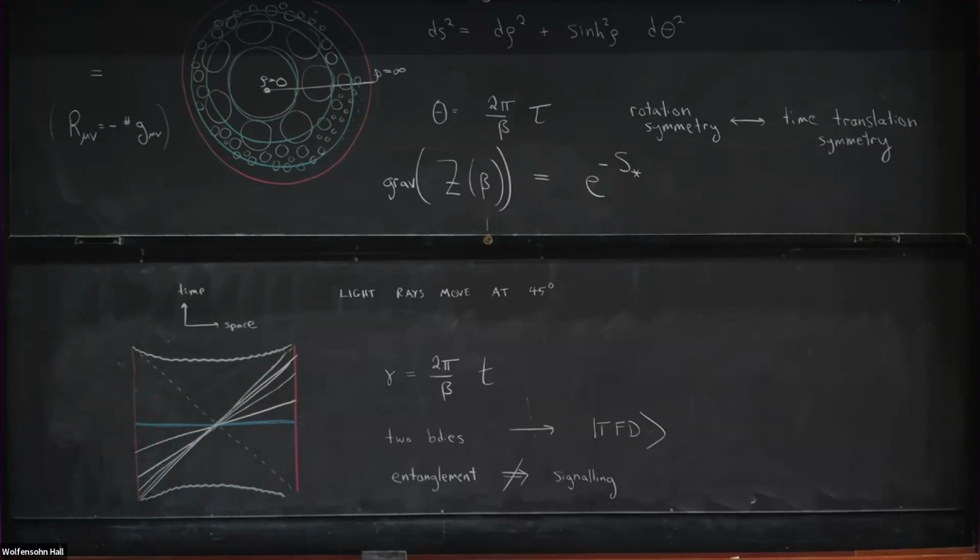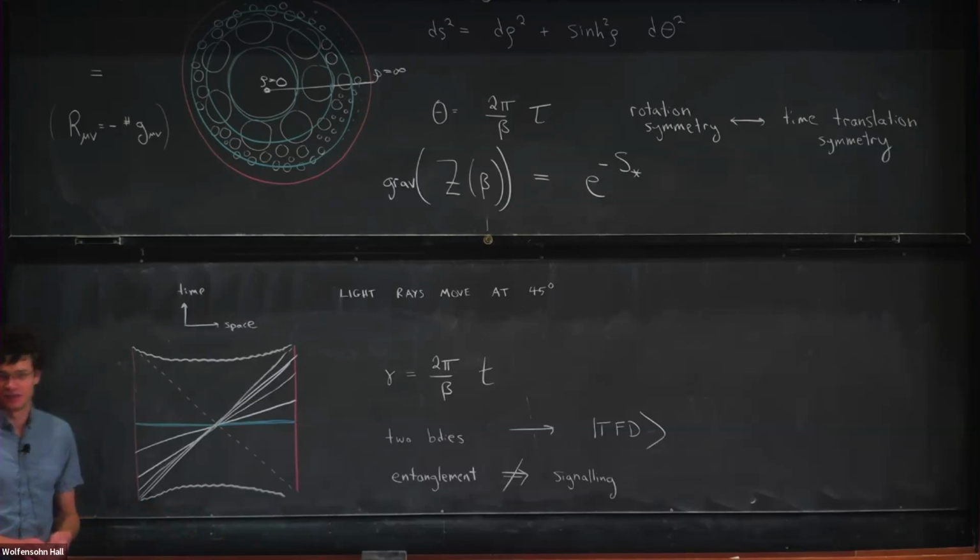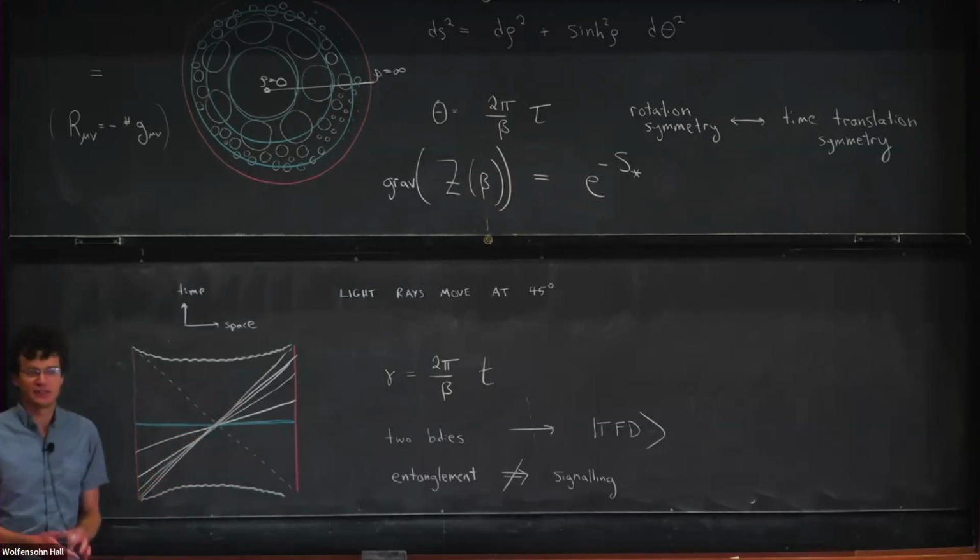There's a beautiful connection between this space-time geometry and quantum mechanics. We'll discuss some of those in the context of chaos. But there's another one that doesn't really have to do with chaos, but it's so beautiful, I have to explain it. You've probably heard it before, but if not, I should explain it, which is that this geometry encodes the fact that entanglement does not allow signaling.